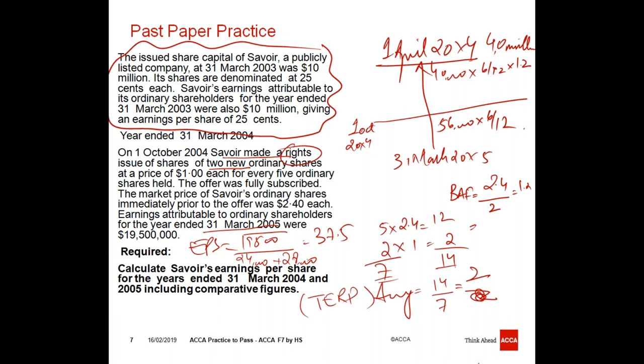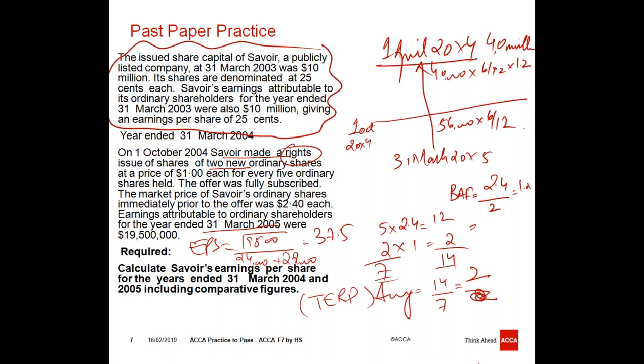Can you repeat the bonus one again? It is very difficult to repeat the whole concept again, but you can ask if you have any problem, or you can view my video after the session. If the right issue of shares is in the middle of the year, hence we time proportion the issue. Whenever we have issued the right shares, it should be proportionated.